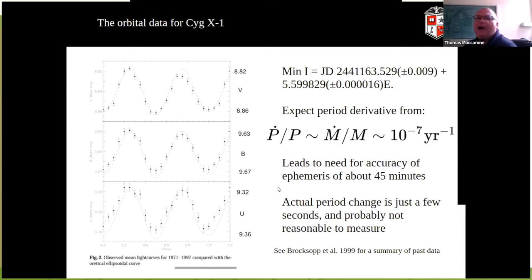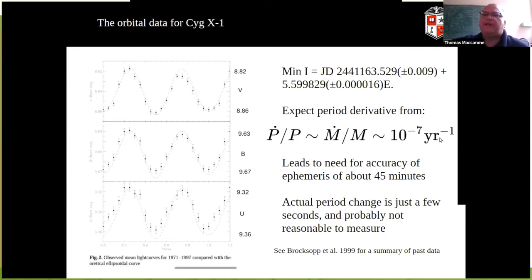All right, so now the amount of stellar wind that you have from the companion star will determine how the orbital period changes. And the reason for that is that you need to conserve angular momentum. And so the mass loss leads to changes in the orbital period. And a pretty good expectation that we have is that the mass loss, Ṁ over M, where Ṁ is the mass loss rate and M is the mass, is going to be about 10 to the minus 7 per year.